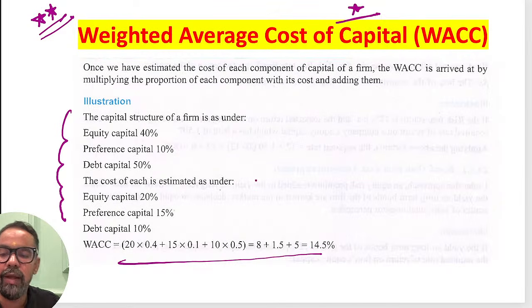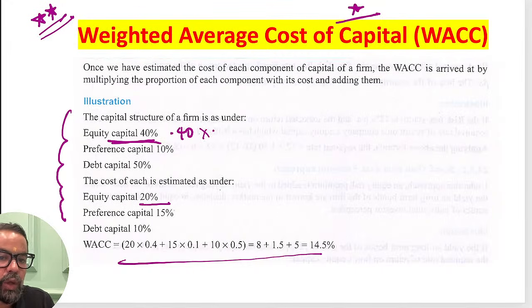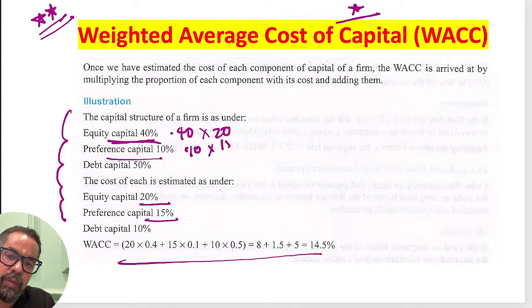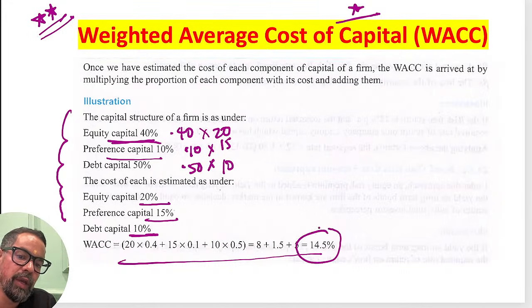In this question, the proportion of equity is 40%, 0.40, and cost of equity is 20%. For preference shares, the proportion is 0.10 and cost of preference share is 15%. The proportion of debt is 50%. So if you solve this, this is the answer.